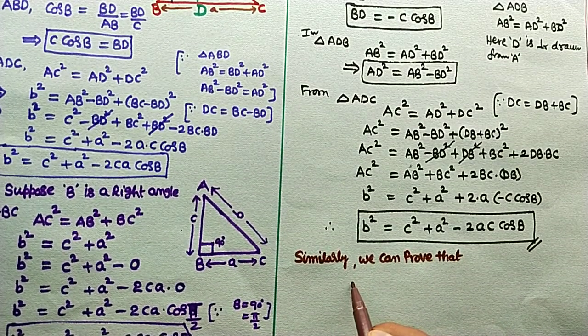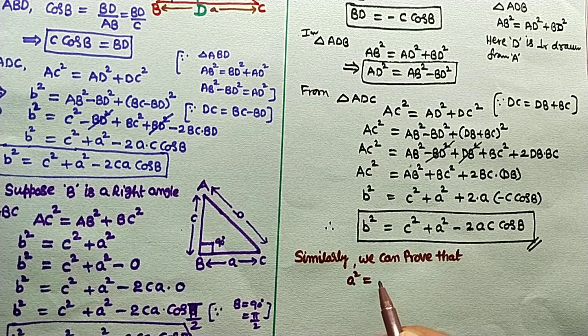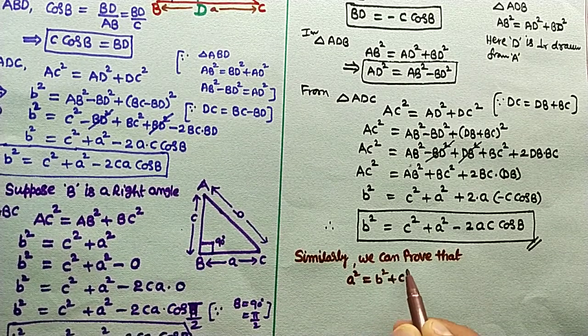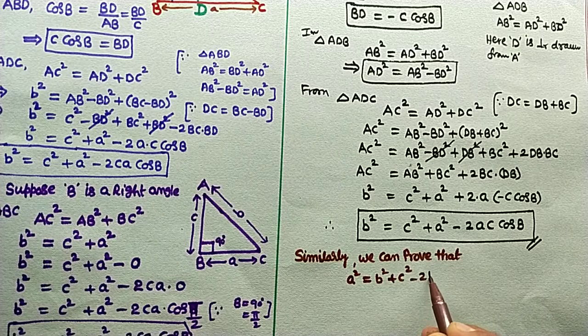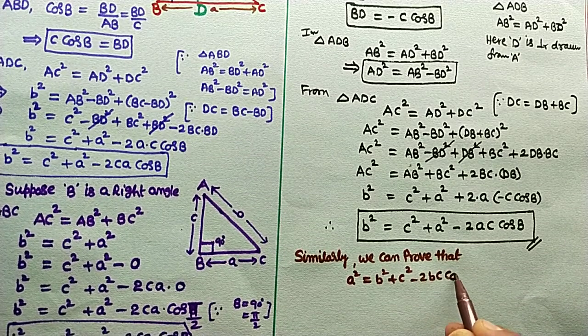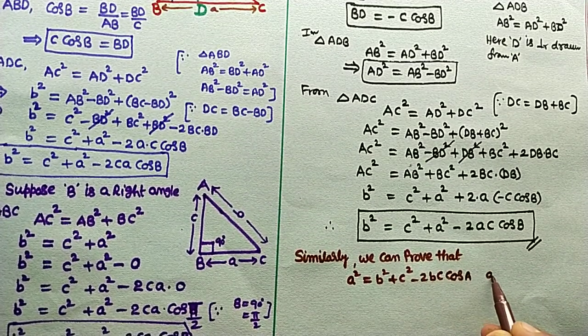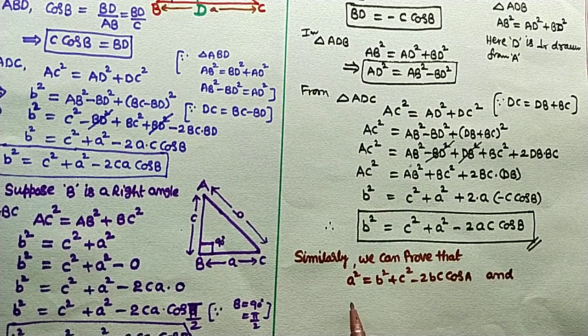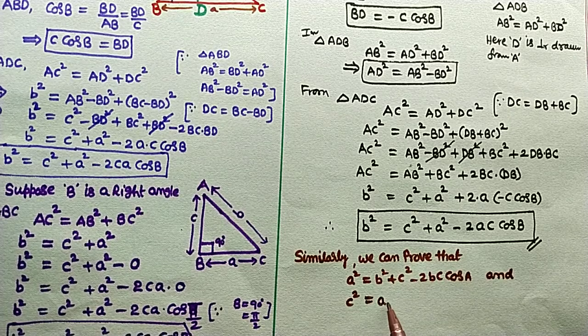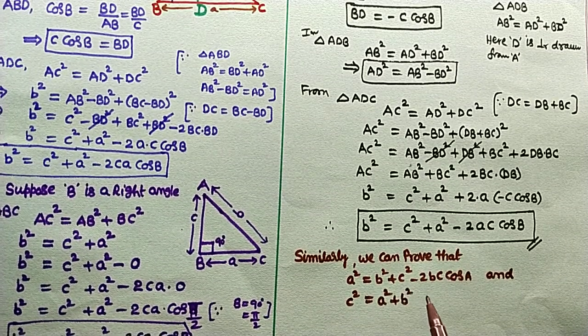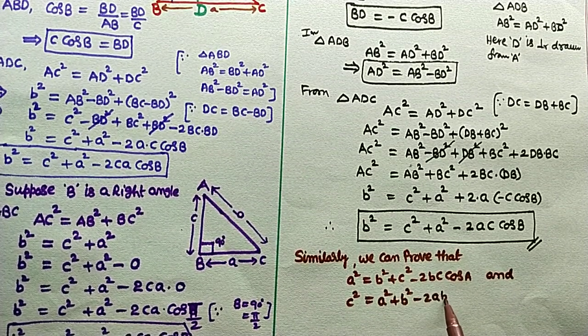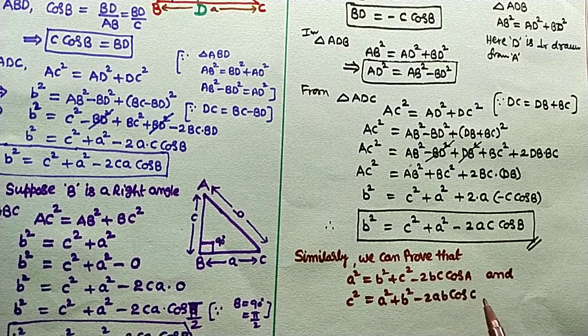So the remaining ones are a square equals b square plus c square minus 2bc cos A, and c square equals a square plus b square minus 2ab into cos C.